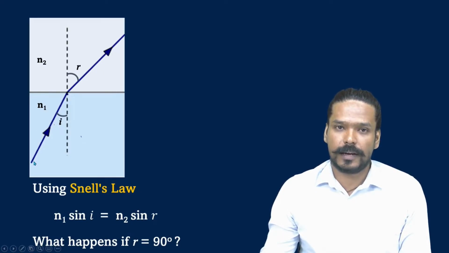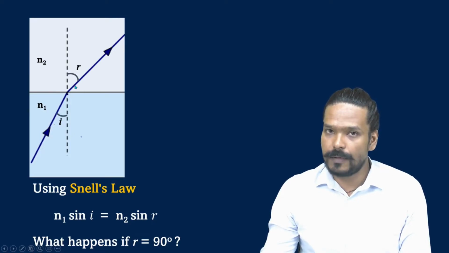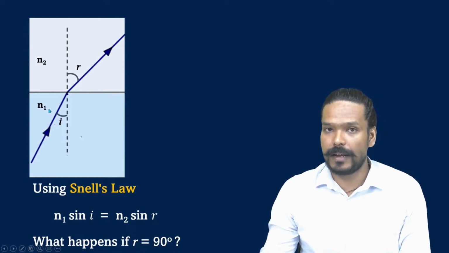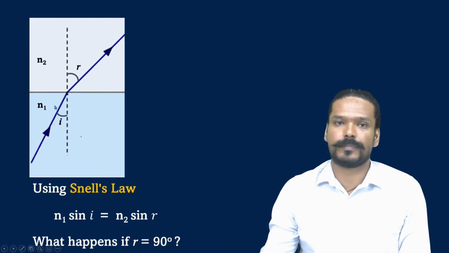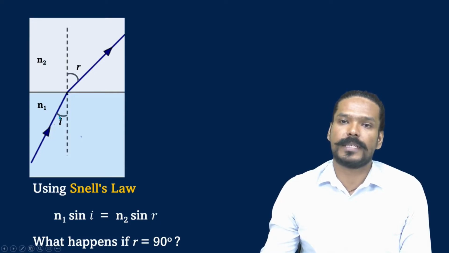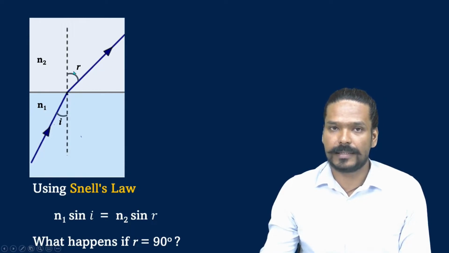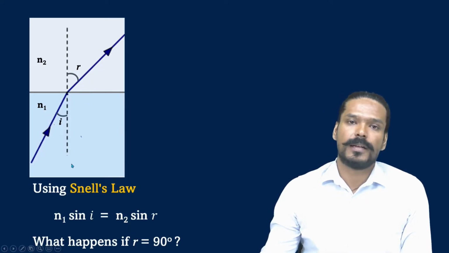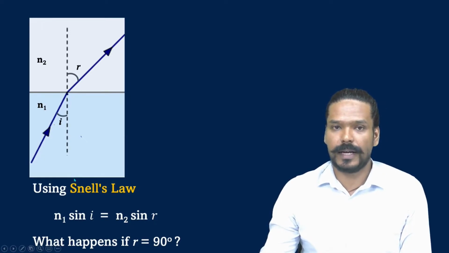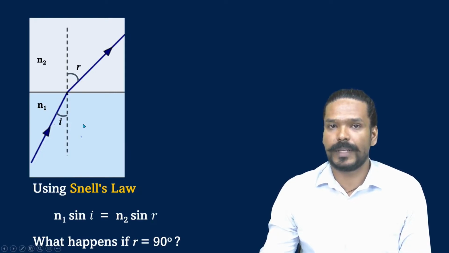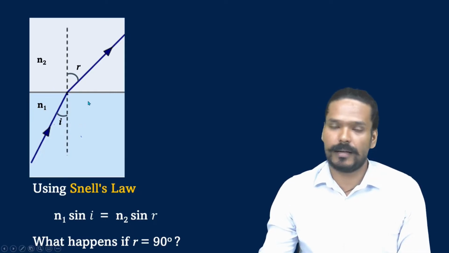And as you can see, the ray of light is traveling from N1 to N2. And also let us say that the refractive index N1 is greater than N2. So the angle of incidence is in the denser medium. As it is traveling from the denser medium to the rarer medium, it is refracted away from the normal. Now, using Snell's law, we can write N1 sine I is equal to N2 sine R.